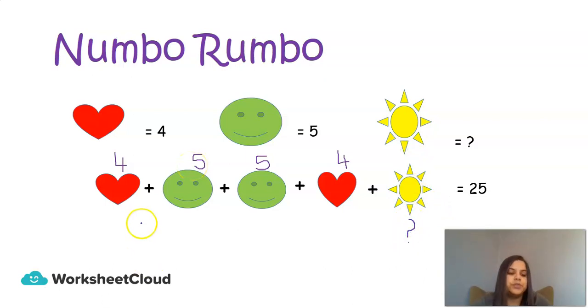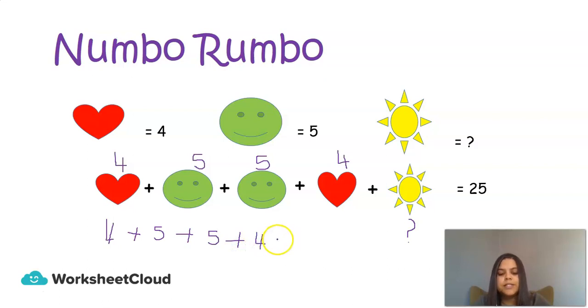So we are going to add this up together. We're going to say 4, sorry for my ugly 4s, grade 3s, plus 5 plus 5 plus 4 is equal to, so 4 plus 5 is 9, plus 5 is 14, plus 4 is 18.